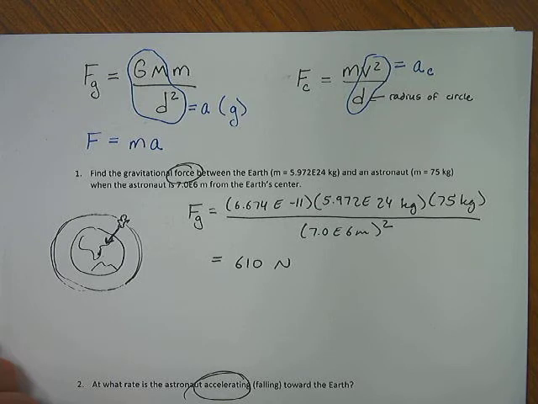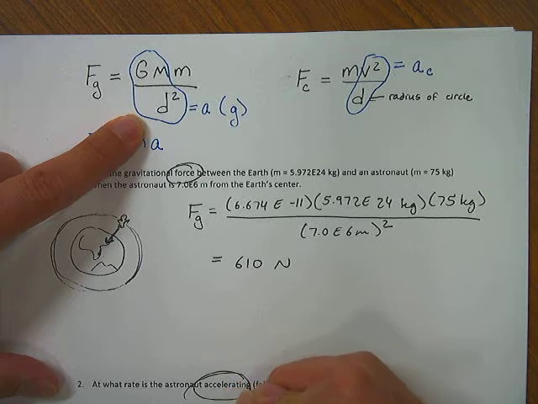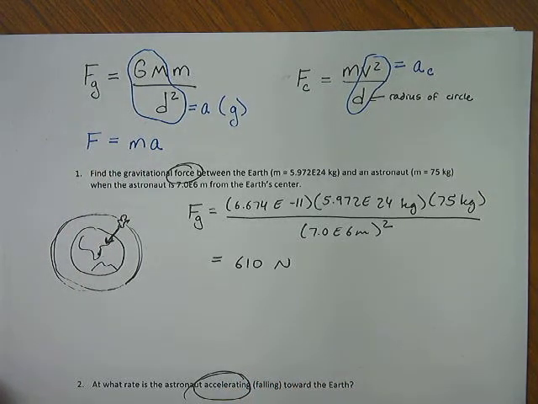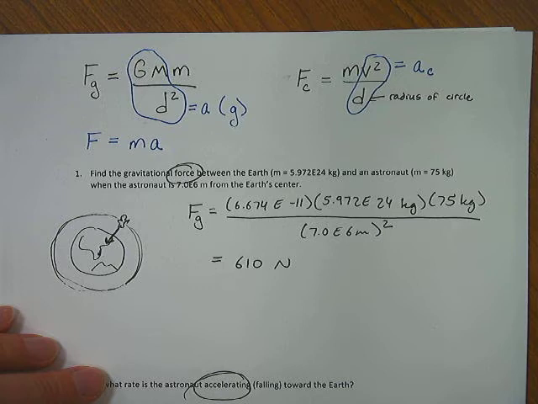So g, remember how sometimes people use g instead of a? This is the acceleration caused by gravity. It is an acceleration, it's not a force. It's equal to G times M over d squared, that is 6.674 E negative 11.